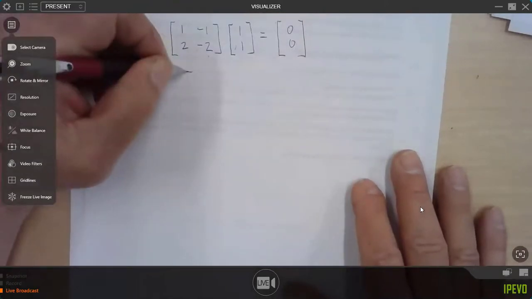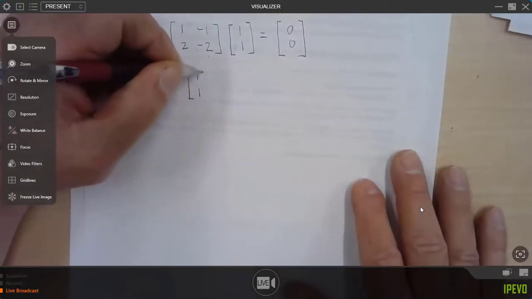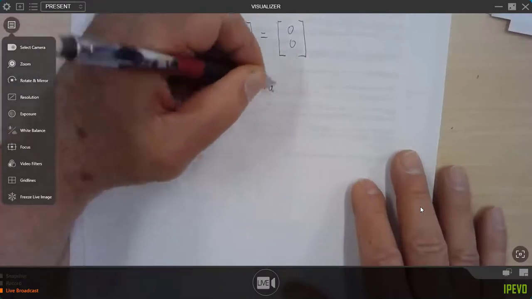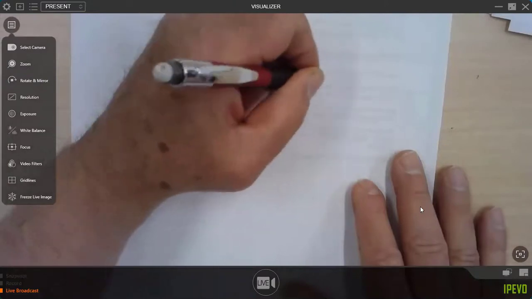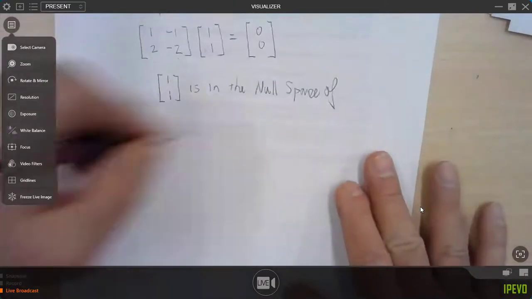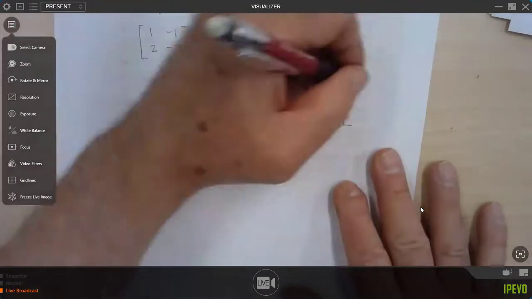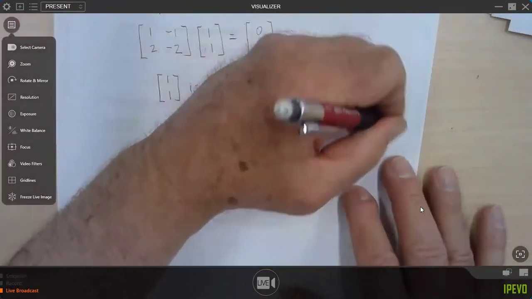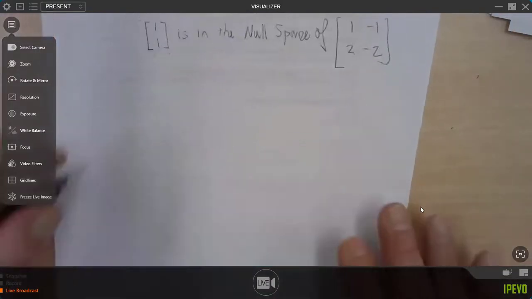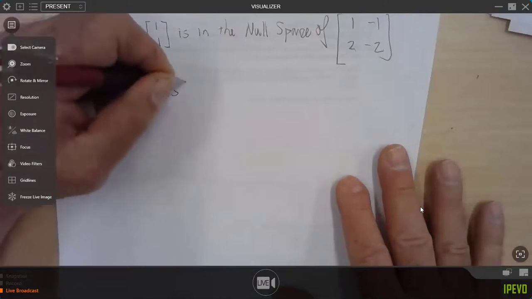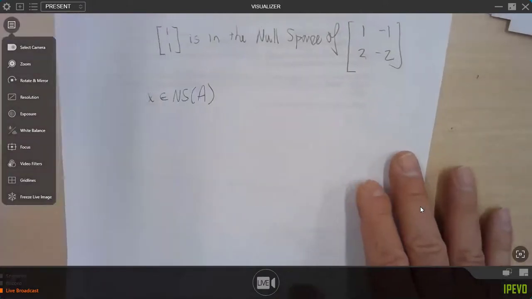So we say that this vector here, 1, 1, is in the null space of the matrix 1, minus 1, 2, minus 2. So X is in the null space of A.